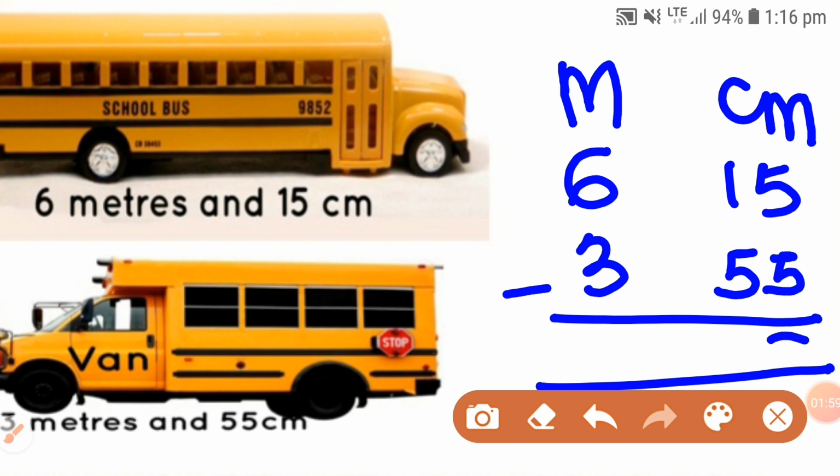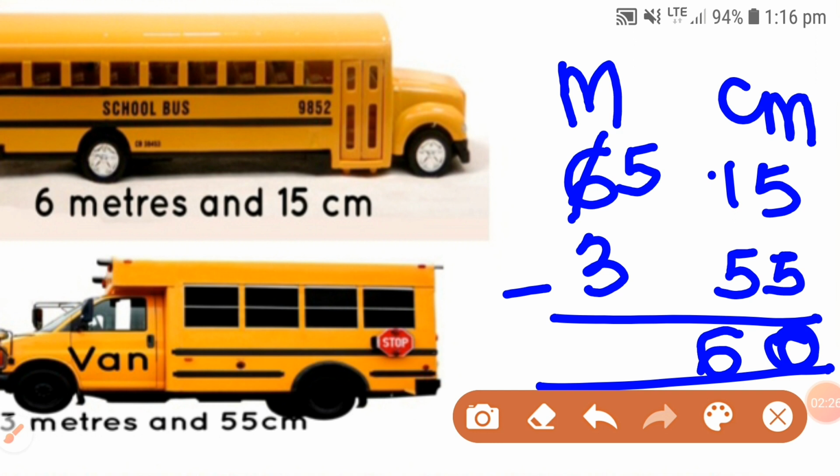5 away from 5 will give you 0. You cannot take away 5 from 1, so you borrow 1 from 6. This remains 5. Put the 1 here to make this one 11. When it becomes 11, subtract 5 from 11, you get 6.